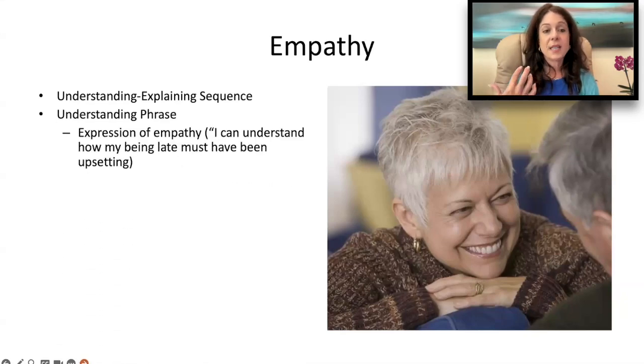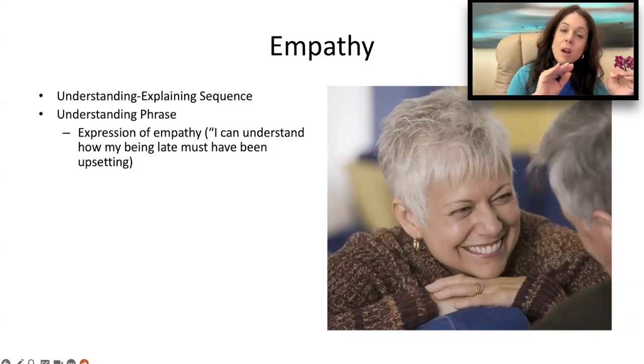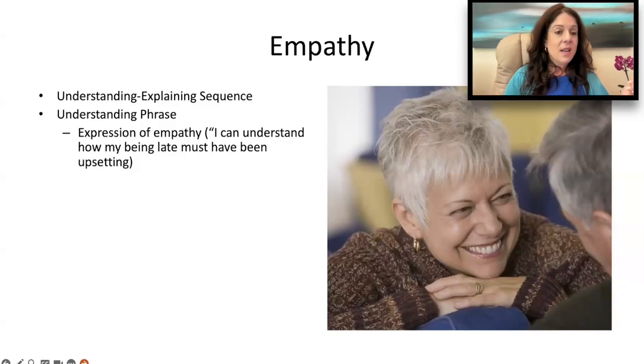The understanding phase is an expression of empathy, something along the lines of: I can understand in this case how my being late must have been upsetting, or I can understand how your dad not showing up to all your soccer games must have left you feeling unloved and unappreciated by him. There can be some warmth in there, but it is still typically a more cognitive expression of empathy.